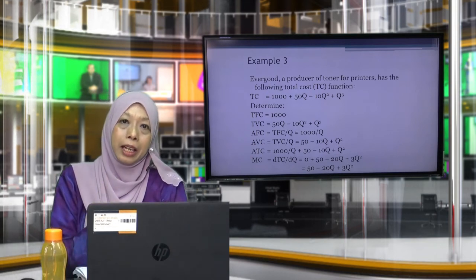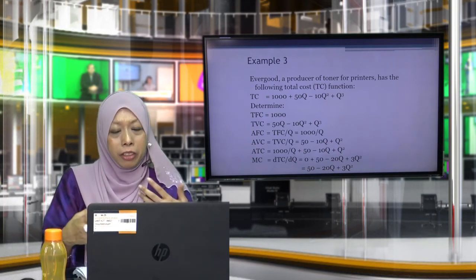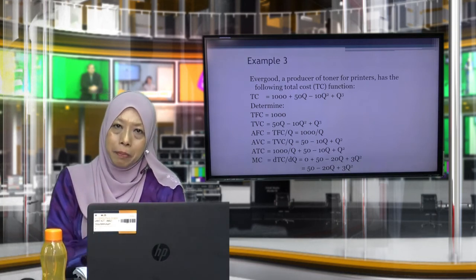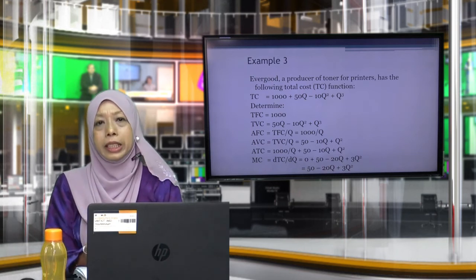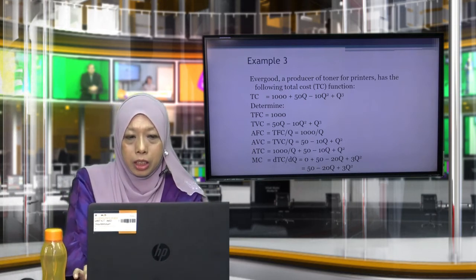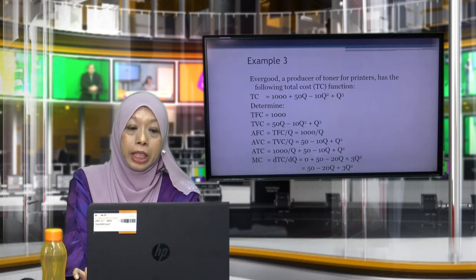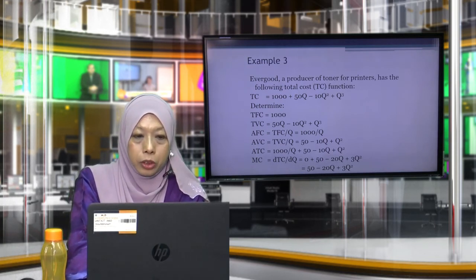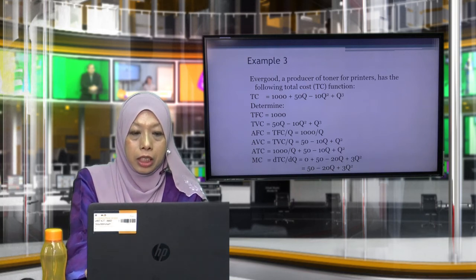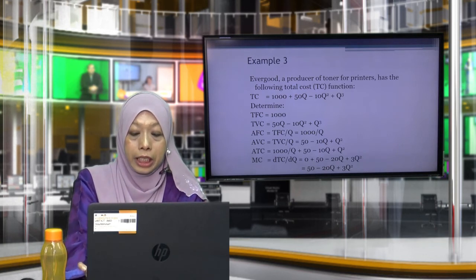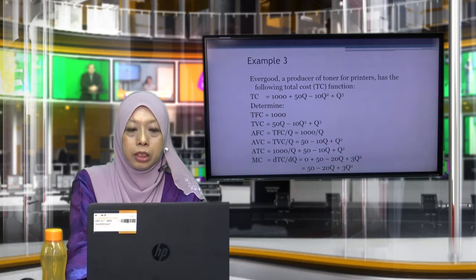So the same thing applies here in the cost concept. Even though we are now in the cost chapter, whenever we want to minimize or maximize something, it still requires you to differentiate the function and set it equals to 0. So here, because you are required to find Q that minimizes marginal cost, the optimization rule says that you need to differentiate the marginal cost function and then set it equals to 0.